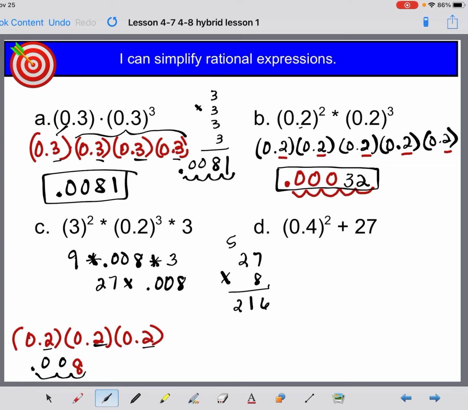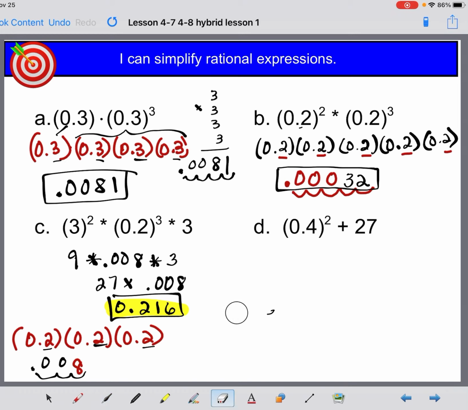Then I see that there are 3 places, really. 1, 2, 3. And my answer is, let's see if I can write it, 216 thousandths. So you have to use your decimal rules. You've got to use your multiplying or exponent rules, all coming into play here.